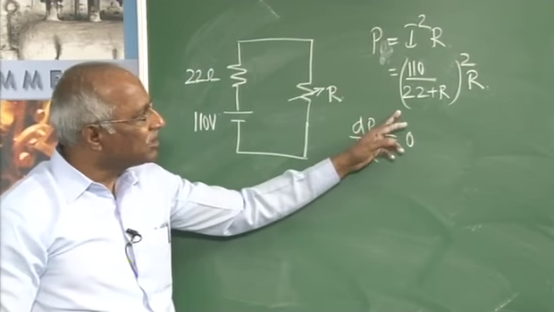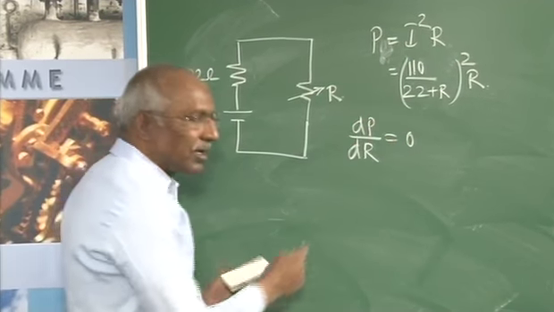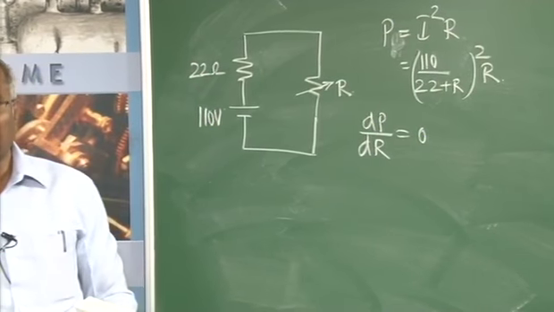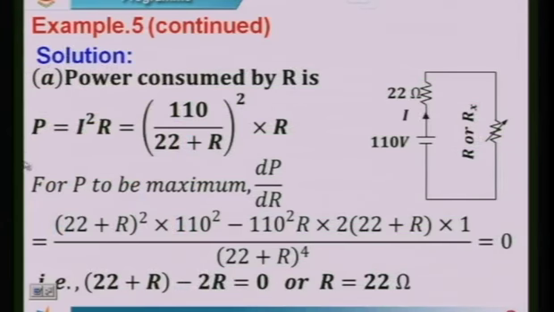When this expression is differentiated and equated to 0, you will get R is equal to 22 ohm.